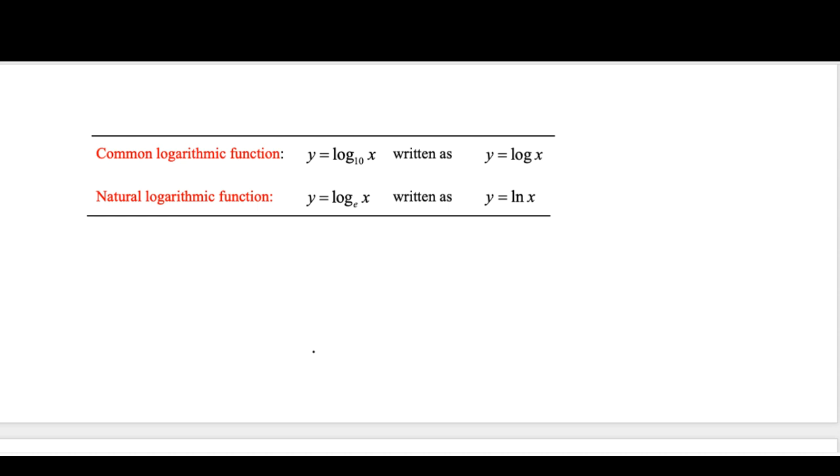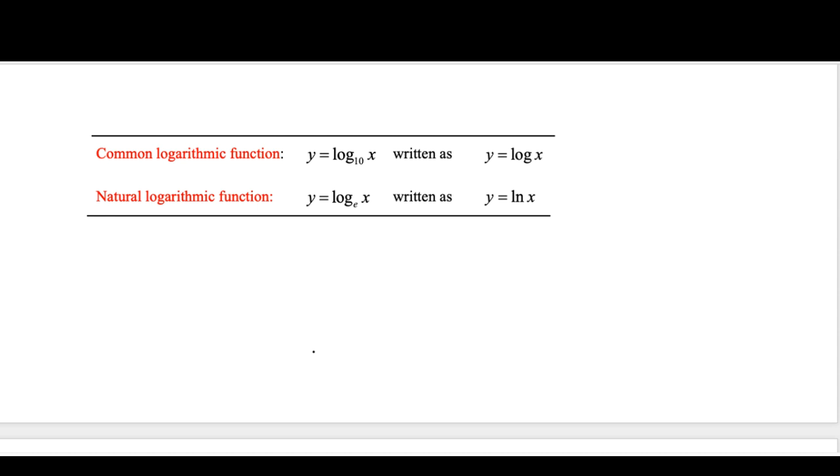Now because common logarithms and natural logarithms are so commonly used, every scientific calculator will have a key or a button or a method of just evaluating these. It might look different for different calculators, but you should look at your calculator and find a way of how to do it on yours.